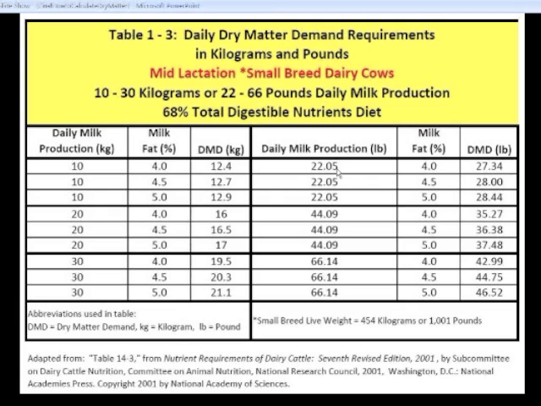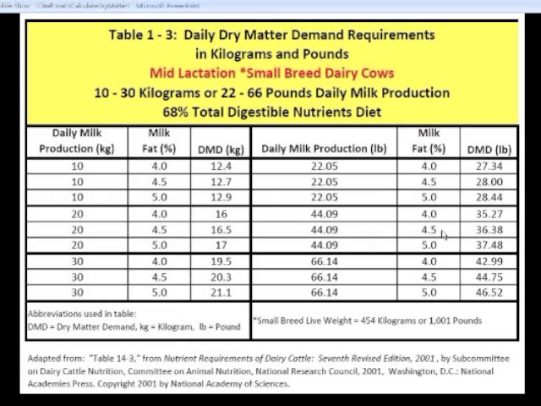The way that you use this table is we'd use this column, which is in pounds of milk per cow per day. If we wanted to look at a Jersey that's making 44 pounds of milk per day, we would look at this number here. This cow is predicted to be making 4.5% fat. If your cows are making less fat, you'd use one of these numbers on either side.